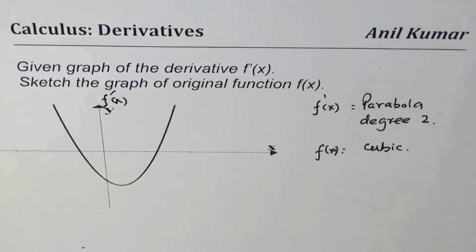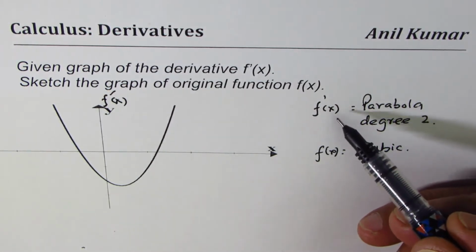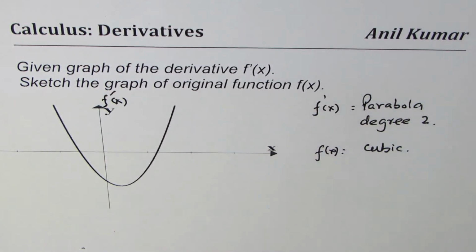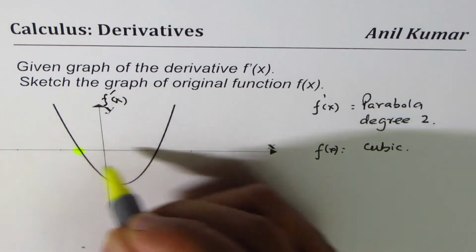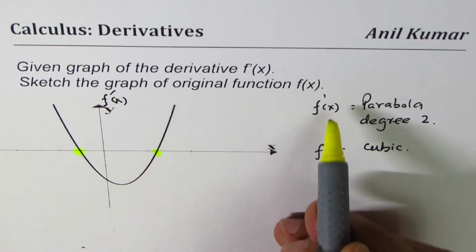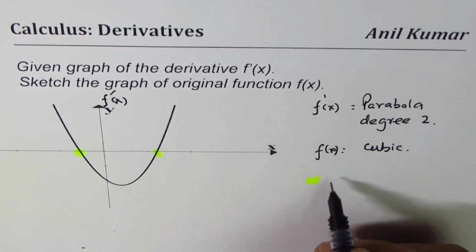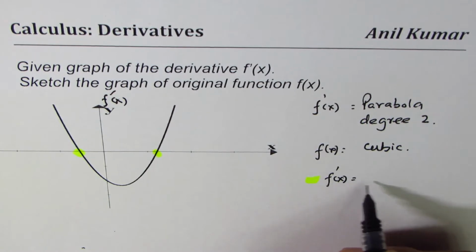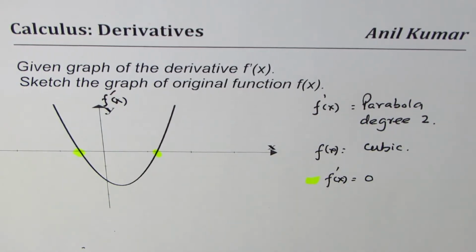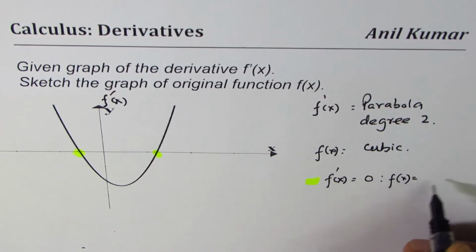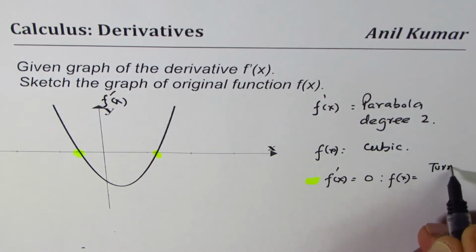Second thing is, how do we get from the derivative to the function? If we have a 0 on the derivative, let's say these are the zeros on the derivative, so here the derivative is 0. If we have f dash x equals 0, it means the function f of x has a turning point.